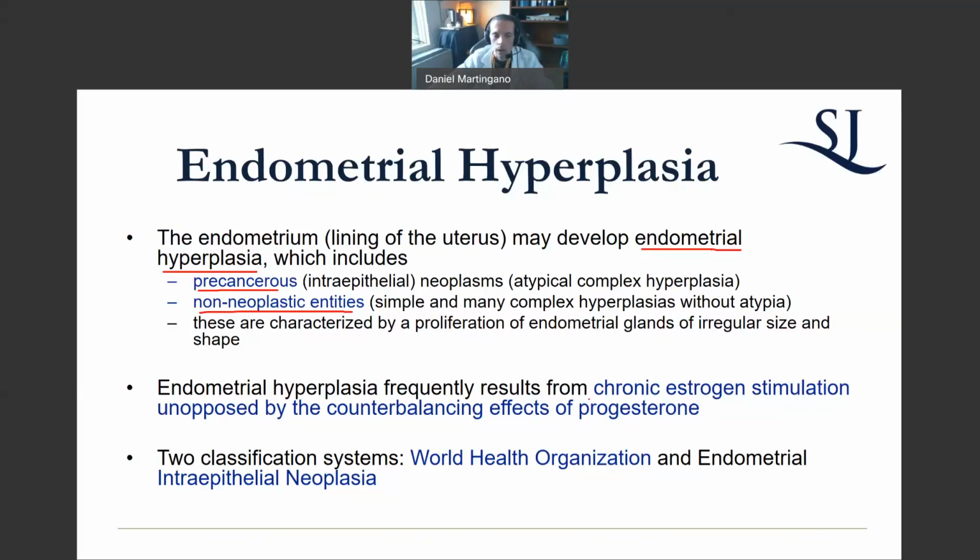So endometrial hyperplasia invariably happens because of chronic estrogen stimulation unopposed by balancing progesterone, as I've mentioned ad nauseam, okay? There are two classification systems that you may see, and for you, it's not terribly important to know the nuances of this apart from knowing what they are.